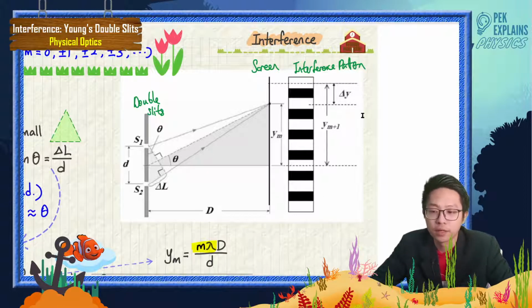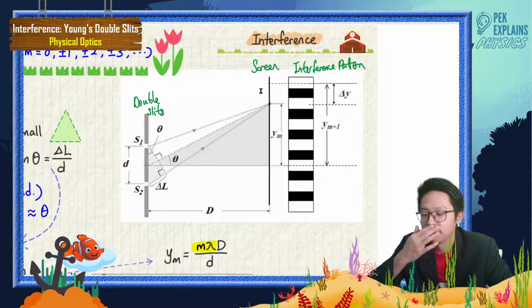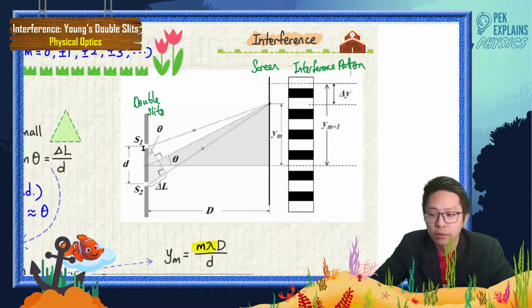This is the interference pattern that you get on the screen, right? So small d is the separation between the two slits, and big D is the distance of the screen from the double slits, from the source.